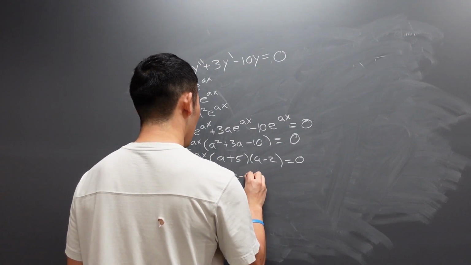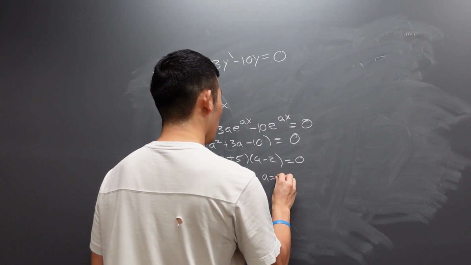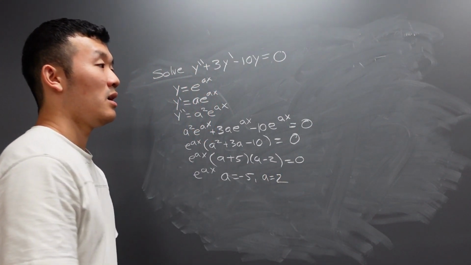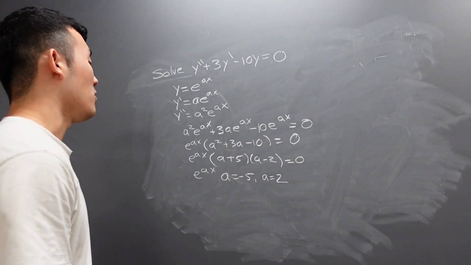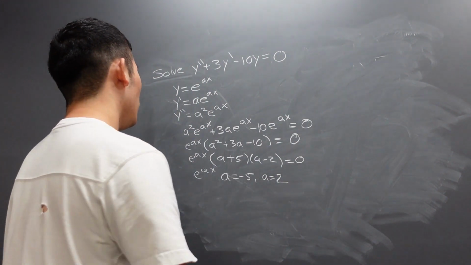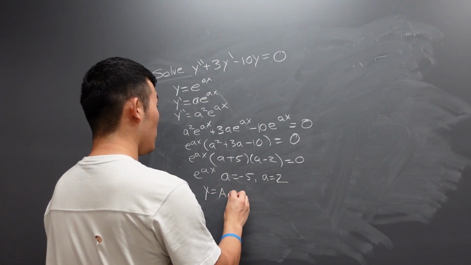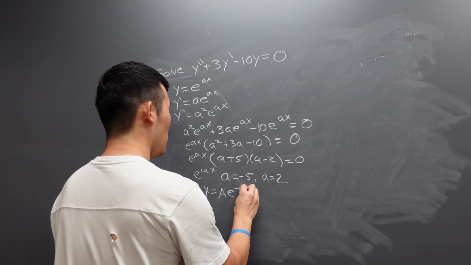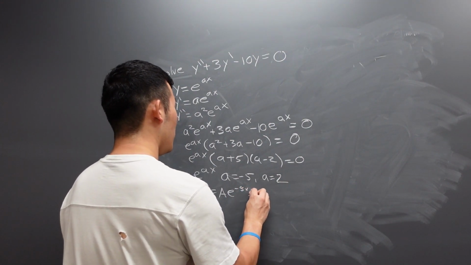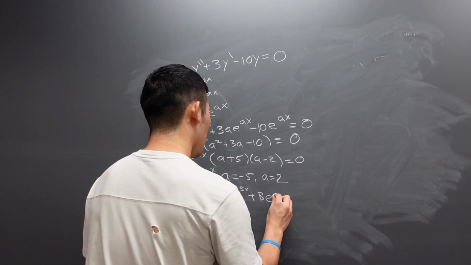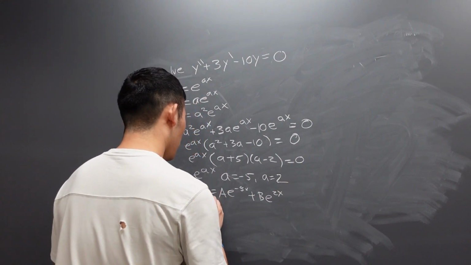So a would be -5 and a would be equal to 2. Since the roots of the equations are real here, write this as y is equal to a times e to the -5x plus b e to the 2x.